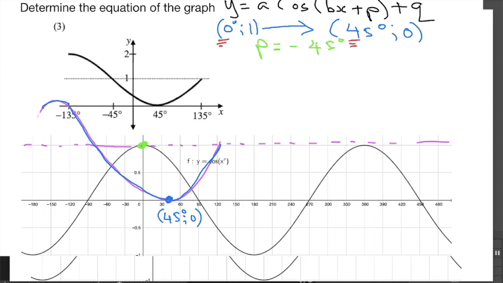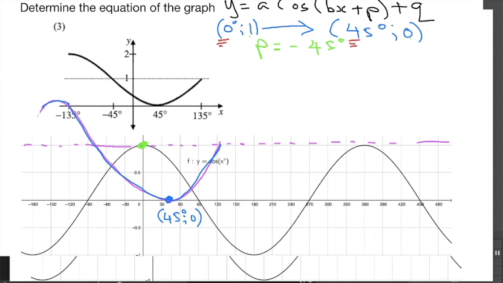Now look again at the y coordinate. The y value at the turning point is 1 for the graph of cosine, and the y value at the turning point for the required graph is 0. So from 1 to 0.